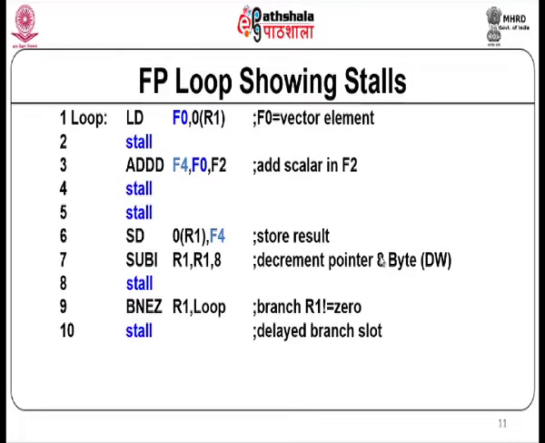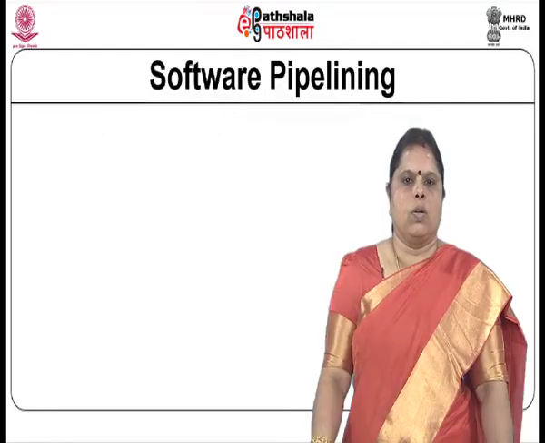So, you have 2 stalls, and similarly between the subtract instruction and the branch instruction, there is a data dependence again. So, you have a stall there, and the branch instruction, assuming that you have a branch delayed slot, is indicated as a stall. So, this iteration takes 10 clock cycles to execute.